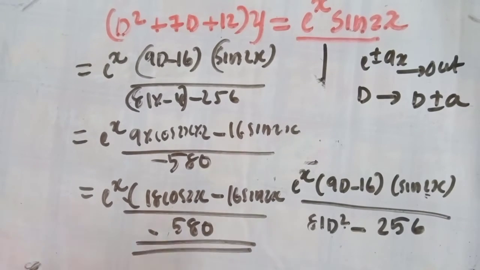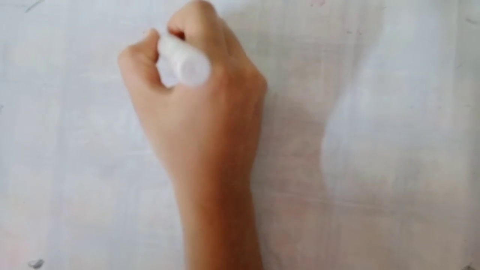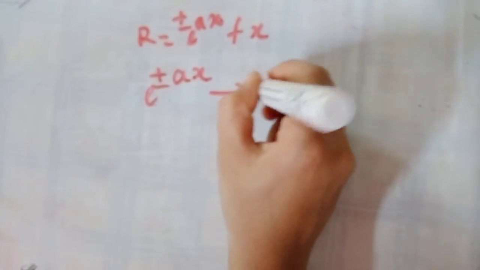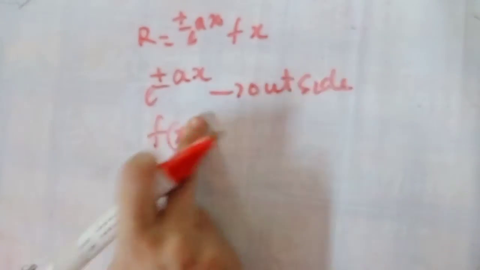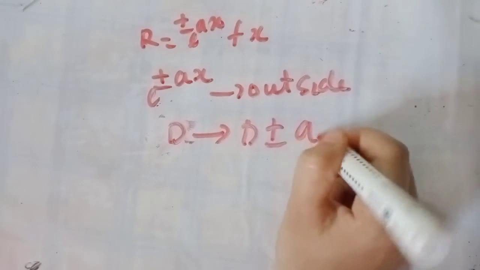What is the method? It is very important. If the right hand side of a non-homogeneous equation is e raised to ax and a function f of x, we take e raised to plus or minus ax outside and replace D in f of D with D plus or minus a.